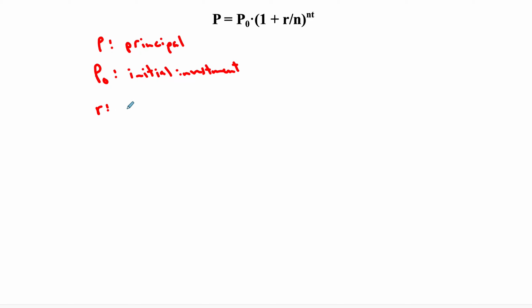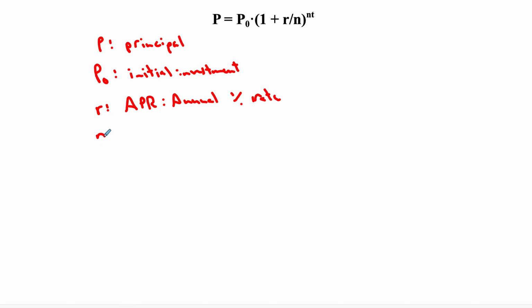R represents the APR, or the annual percentage rate. You may have seen this in car commercials most prominently, but APR is a pretty common term. It literally stands for annual percentage rate, how much you're getting per annum or year, okay?